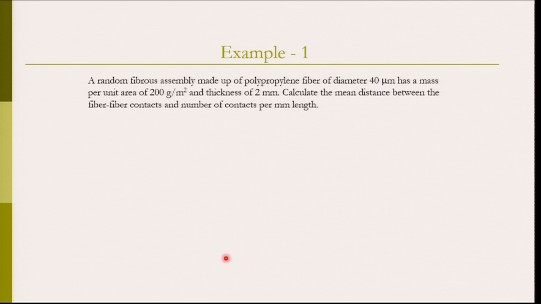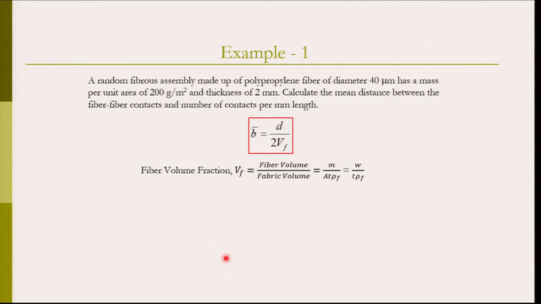derived earlier. Since we are supposed to calculate the mean distance between the fiber to fiber contacts, it is a function of the fiber diameter and the fiber volume fraction. Here the fiber diameter is given to us, which is 40 microns, but we are supposed to calculate the fiber volume fraction. And we know that fiber volume fraction is a ratio of fiber volume to the fabric volume.